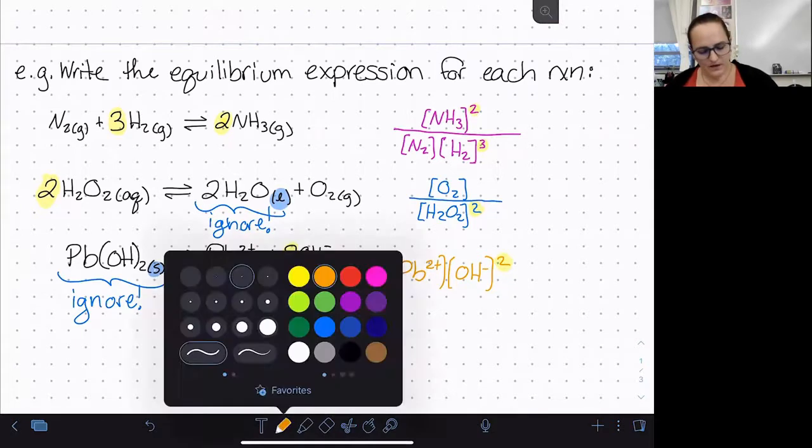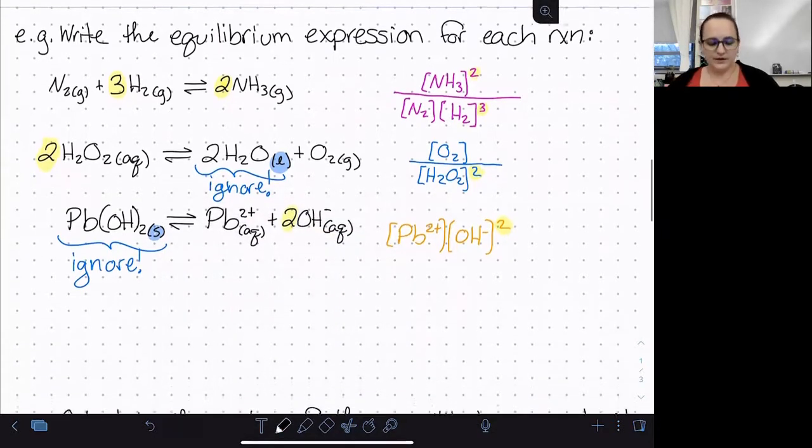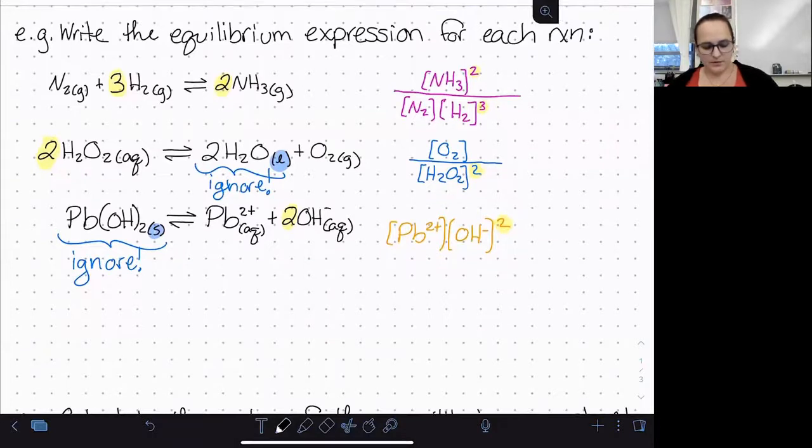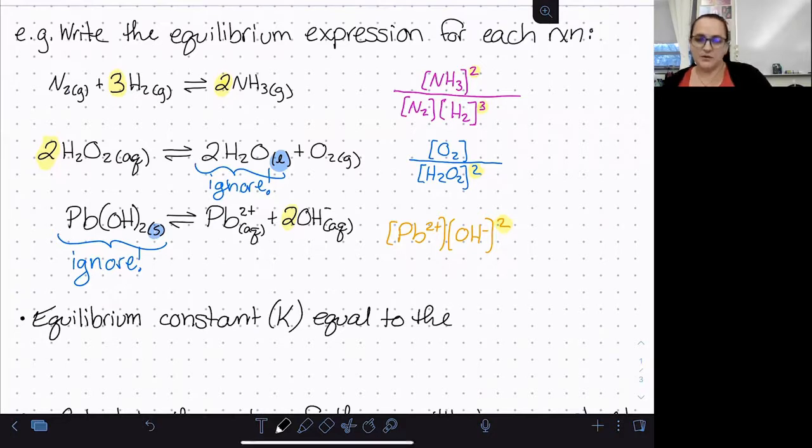Now, we can also use the equilibrium expression to calculate the value of the equilibrium constant. So the equilibrium constant, K, is just equal to the value of the equilibrium expression for the system at equilibrium.